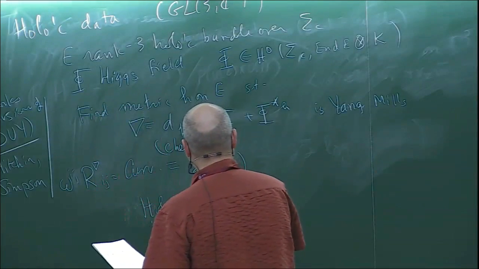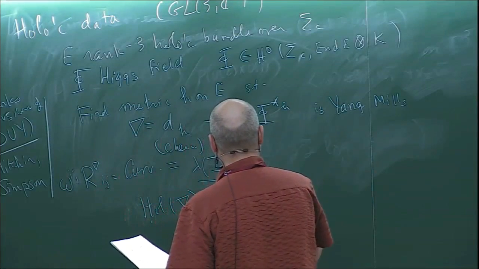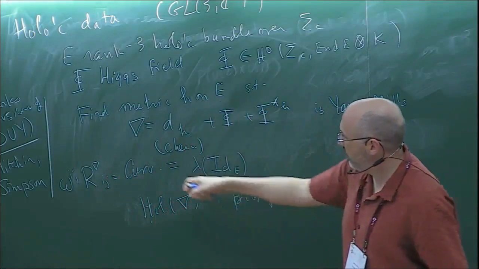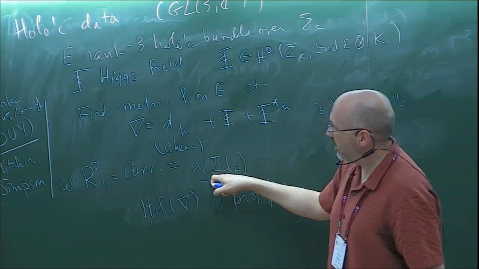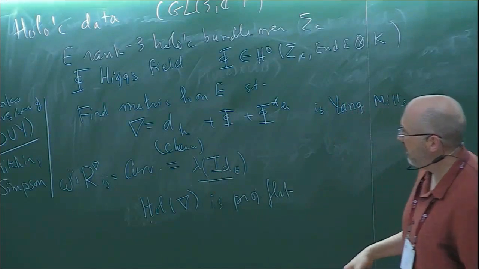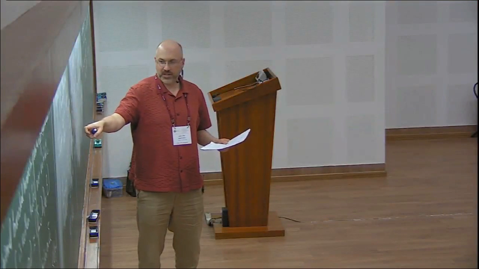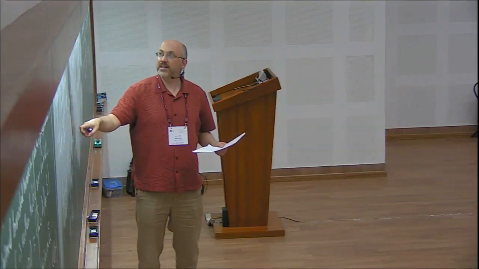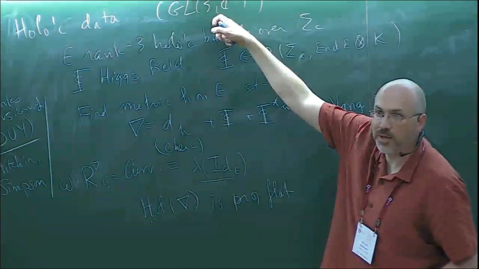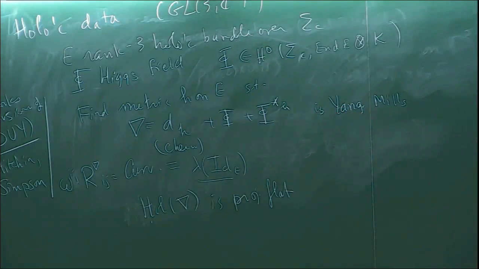of nabla is what's known as projectively flat. So in particular, the curvature of nabla here is not going to be quite just 0, but it's going to be restricted to a very small subalgebra of the Lie algebra, just the identity, just homotheties in GL3R. And so these homotheties correspond to a representation.